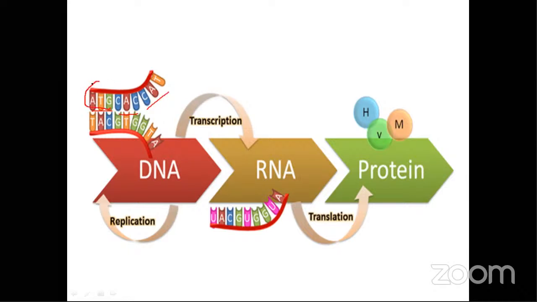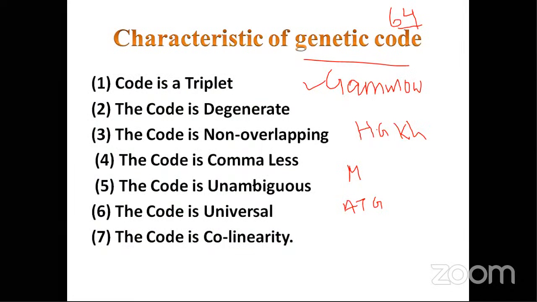So here it will code for some amino acid, here another amino acid, here another amino acid. But DNA is not coding it, it is coded by your RNA. DNA is getting converted into RNA, RNA is running through the ribosome, and here the RNA codes are being recognized as whichever amino acid it will be. So that is what the genetic code is.